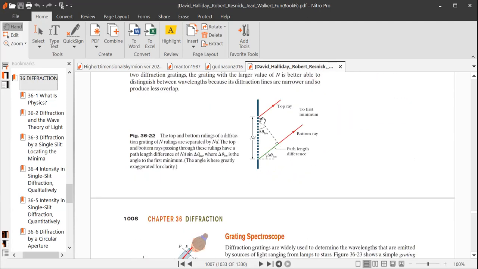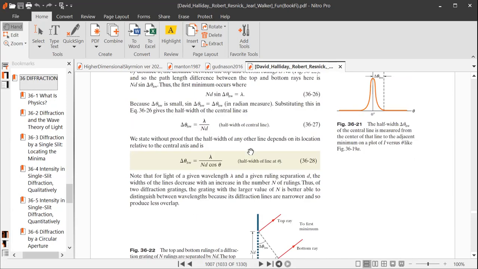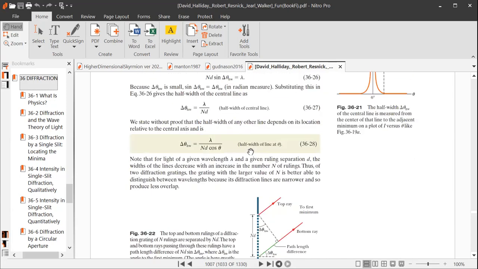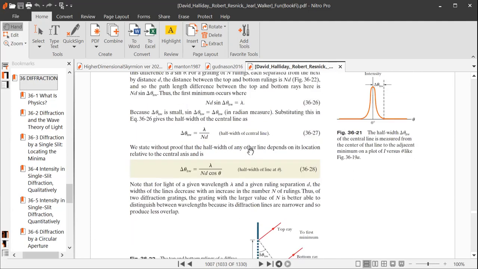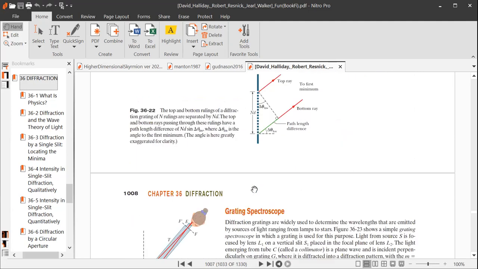So we could also take the derivation of the maximum and the minimum. This is N times d, since we have N slits.